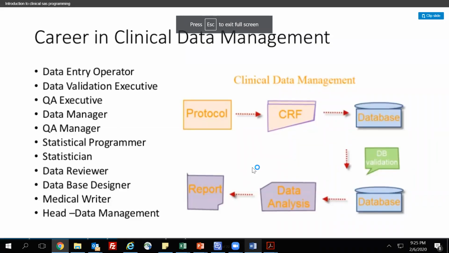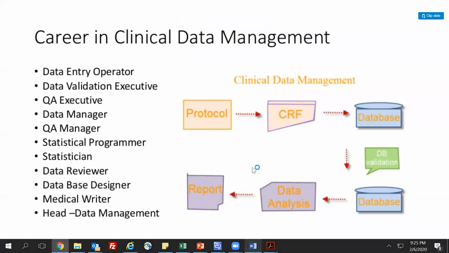Now let's start with data management, because clinical research will already be taken care of by the site people. One more thing: you might be thinking, who is performing all this? Who is giving all these drugs at the site? The drugs are given by the doctors, who are called principal investigators in clinical research terms.